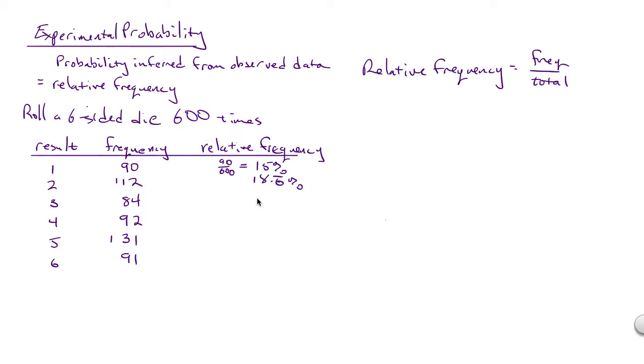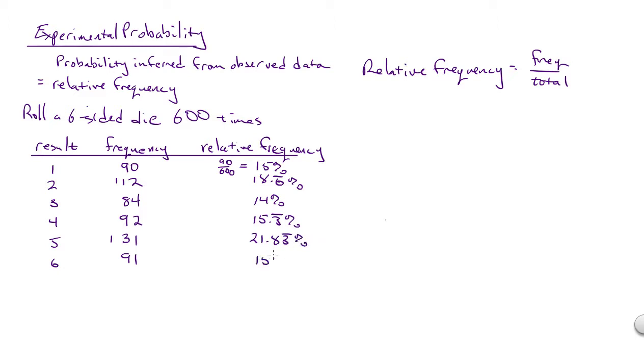For the result of 3, we got 84 out of 600, and that's about 14%. 92 out of 600, that means we rolled a 4 around 15%, 15.3 repeating percent to be technical. 131 out of 600, that's 21.83 repeating percent.